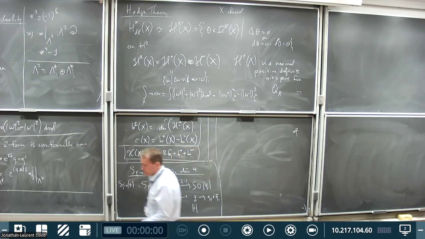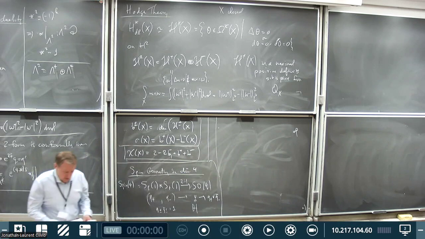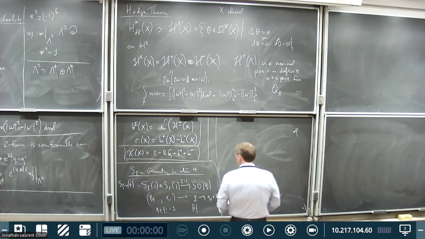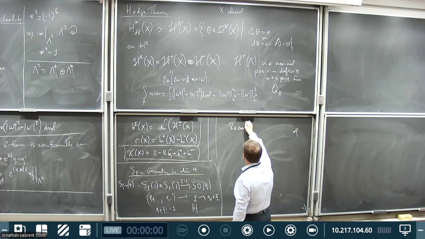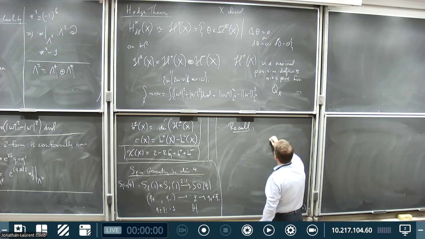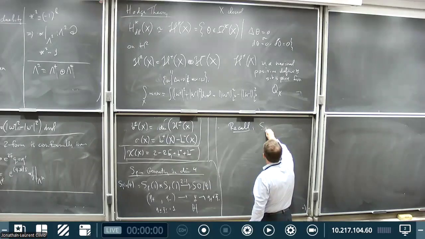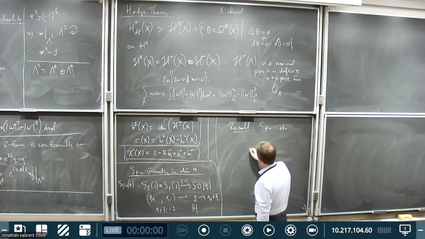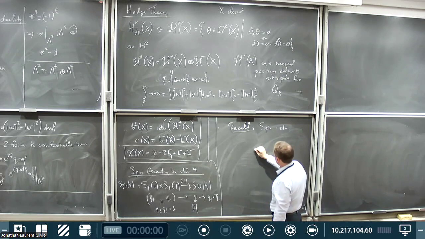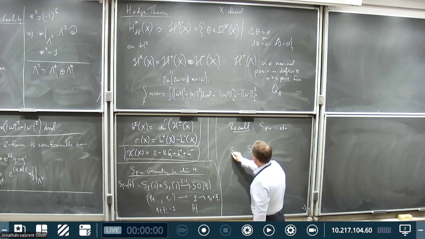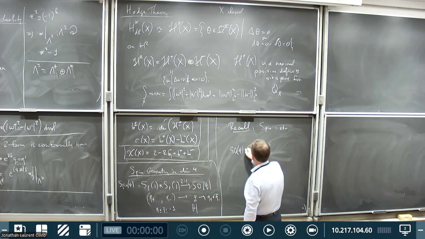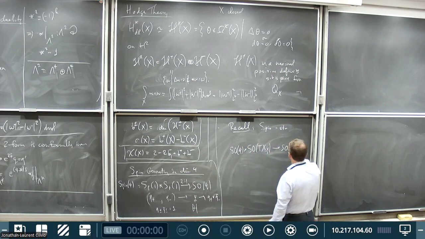And let's say, yeah, spin structure. That's a lift. So if I look at the orthogonal frame bundle of my Riemannian manifold, it's got an action of SO(4) on it.